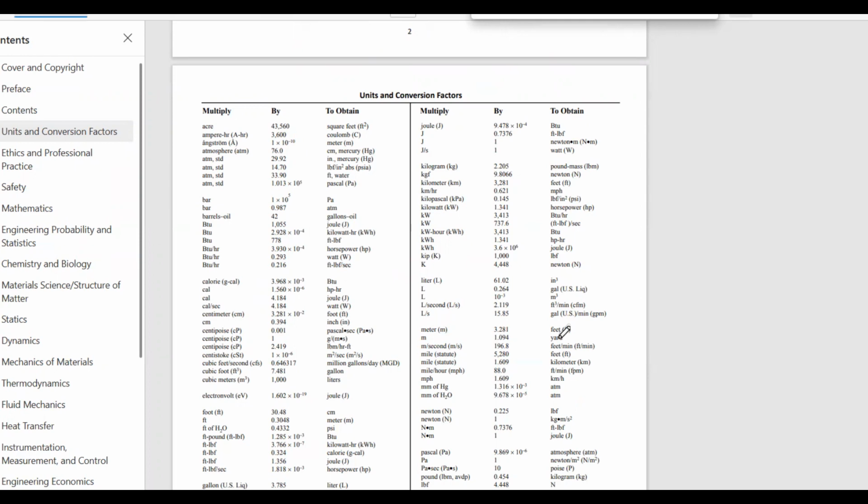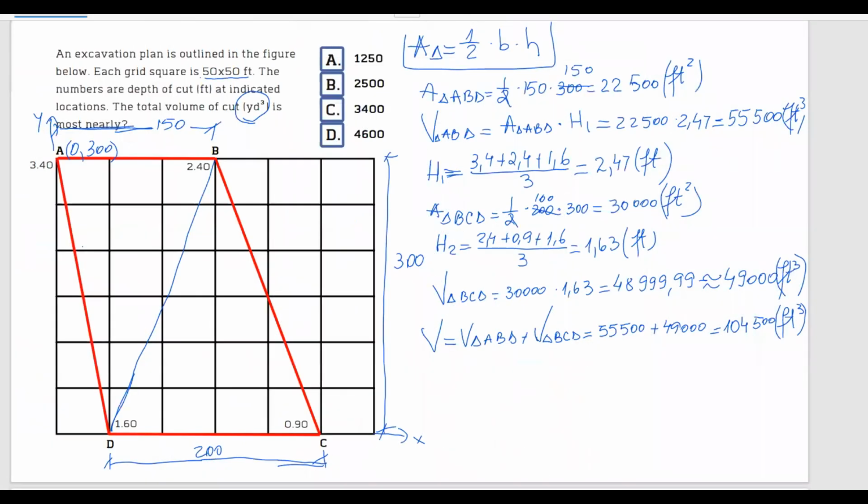So if you need feet into yards, you have to convert first into meters and then those meters into yards. But if you are able to memorize, it's very helpful to memorize that 1 yard equals 3 feet. If you're able to memorize this, that's great. If not, you can use the handbook and convert feet into meters and then meters into yards.